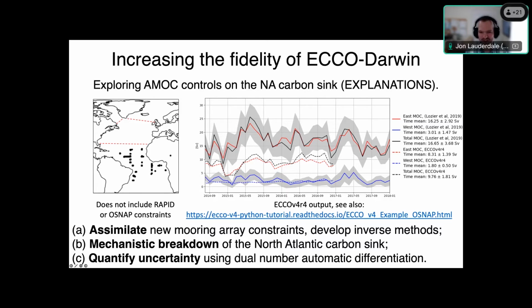So we'll hopefully be able to integrate some of these new constraints into the model to improve the North Atlantic carbon sink there. And then, of course, we can do a full mechanistic breakdown of the carbon sink, and we're going to try and have a really good quantification of the uncertainties associated with that, and with bringing these new observations on board.